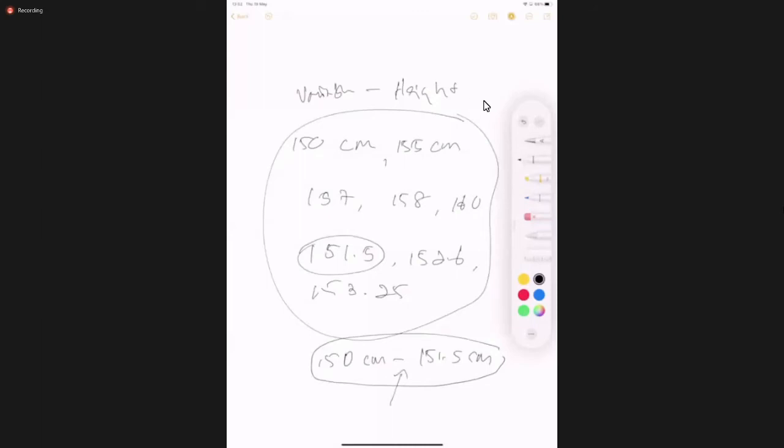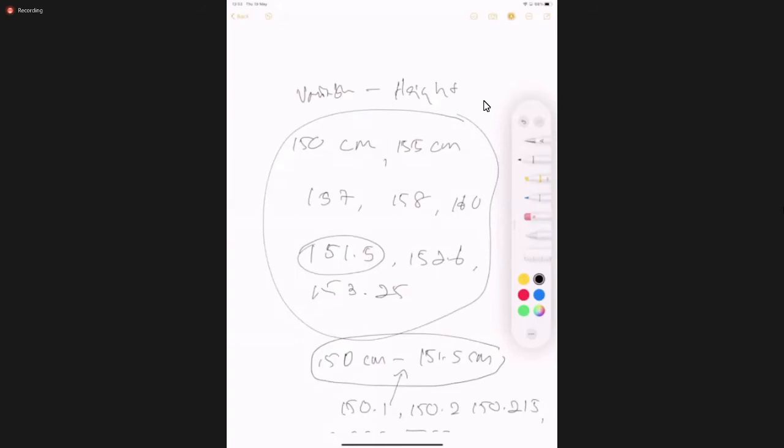Yes, of course. There are uncountable values in between 150 and 151.5. There can be 150.1 or 150.2 or 150.215. Likewise, there are uncountable values in between these two values.